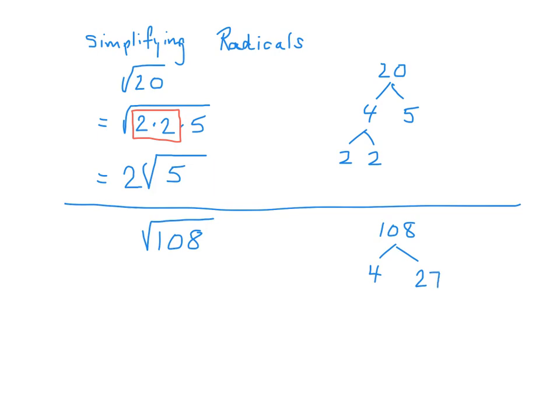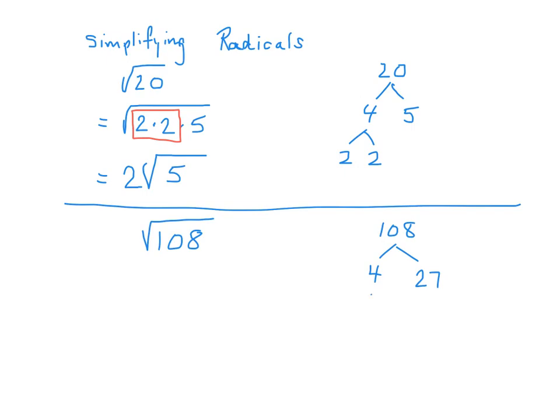27. In case you didn't know this, anytime the last 2 digits of a number is divisible by 4, the whole number is divisible by 4. So I knew that 08, which is just 8, is divisible by 4, so I knew to divide by 4, and that makes 4 times 27.